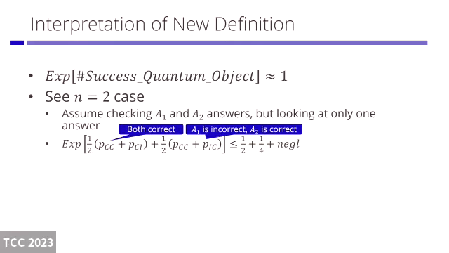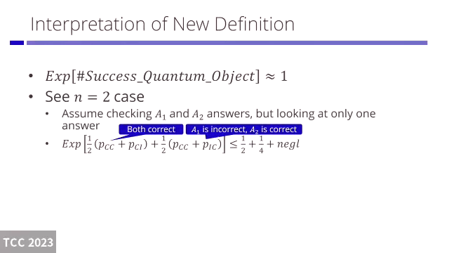We can interpret the success probability like this. Here, P sub CC is the probability that both answers are correct. P sub IC means that A1 is incorrect and A2 is correct. P sub CI is the inverse of P sub IC.